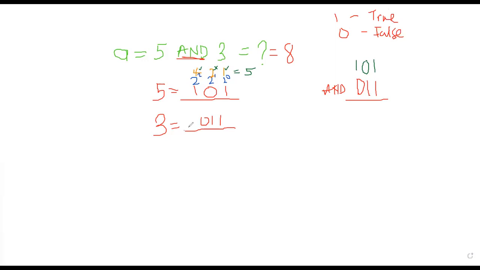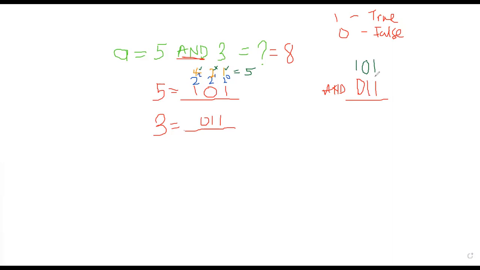The AND is saying that a statement A and a statement B is true only if both happen to be true. However, if one is false and the other is true, then it is false. That's how the AND works.